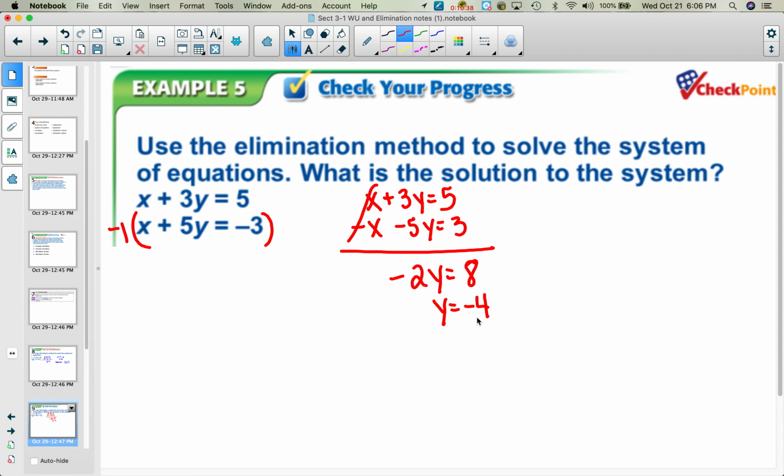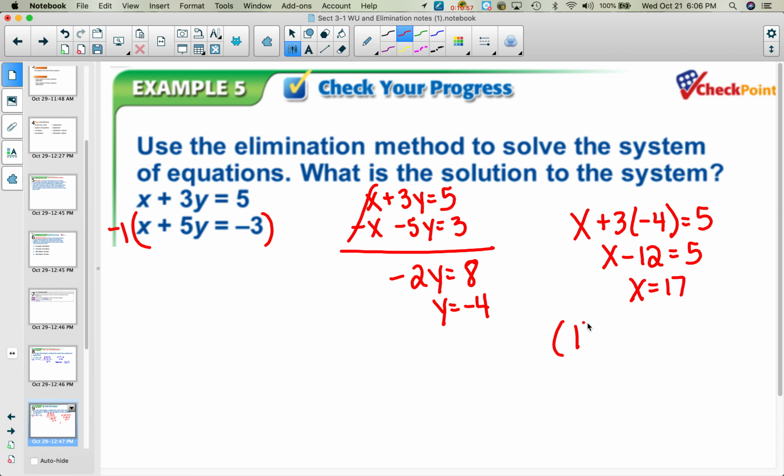Remember, you're not done yet because you have to solve for x. It doesn't matter which equation. I'm going to go into the top equation. So I get x plus 3 times -4 equals 5. So x equals 17. So my solution is the point (17, -4). Okay?